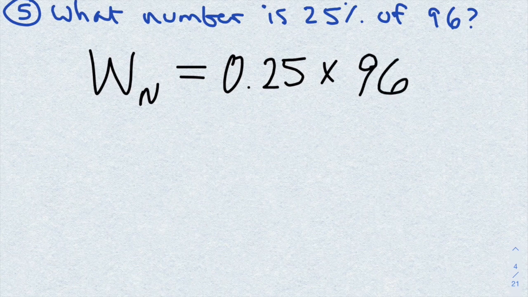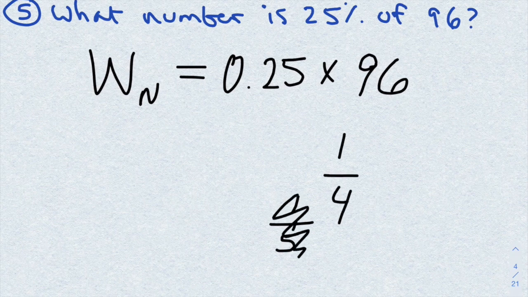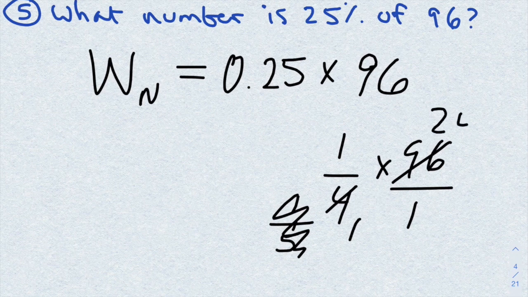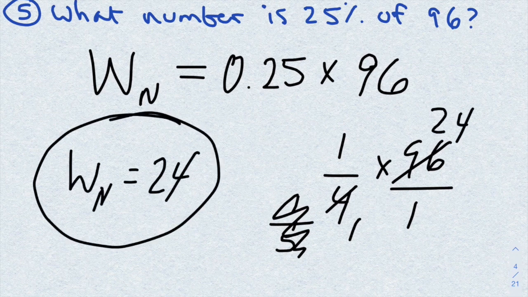I can multiply those together and move my decimal, or what I like to do is say, well, 25 hundredths is the same as 1/4 multiplied by 96. That's 24. So what number is 24? Again, you can multiply these, it's no problem. This is just an easier way.